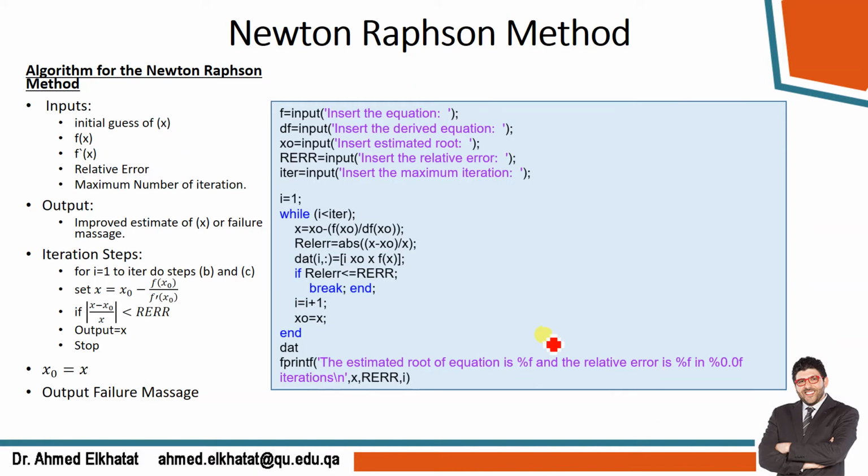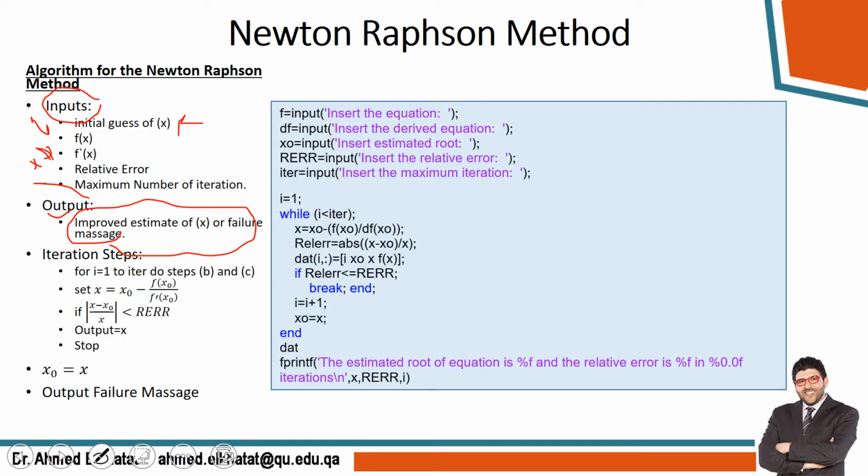Now, we have an initial guess of x, we have f of x, we have the derivative of f of x, we have the relative error and the maximum number of iterations. These are the inputs. The output is the improved estimate of x, or a failure message if it couldn't find one.